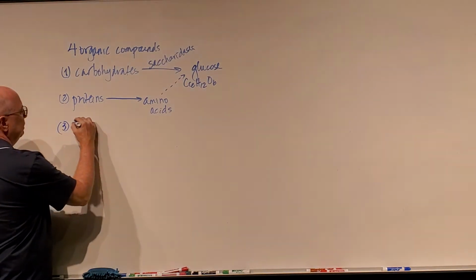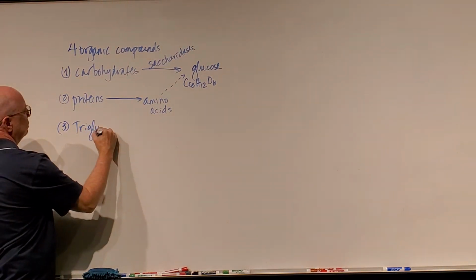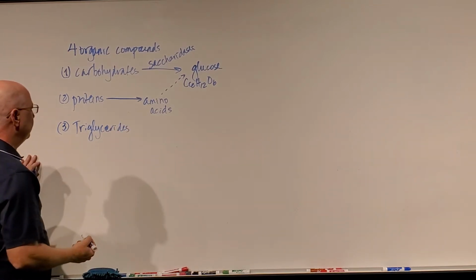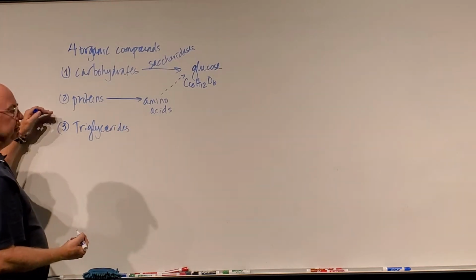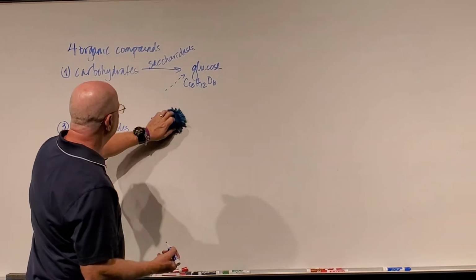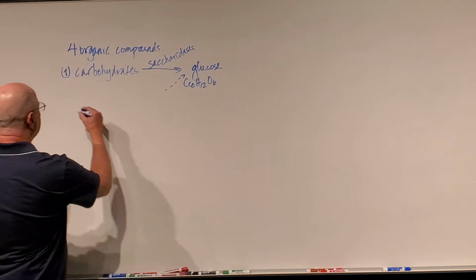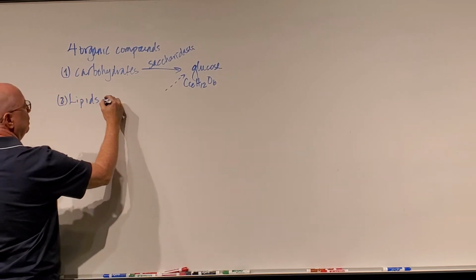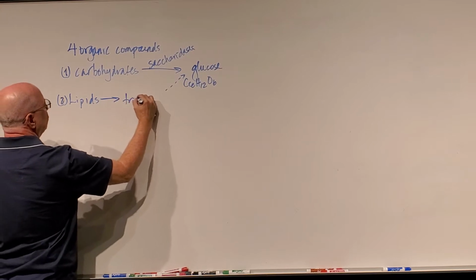A third one would be these compounds called triglycerides. This is not necessarily the order that I taught them to you before. I usually do lipids second and then proteins. Let me rearrange this a little bit. I'm sorry for that. But the second one we call lipids. And we can digest some lipids into what we call triglycerides.